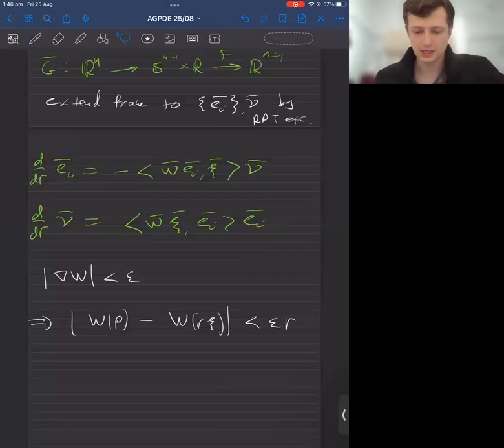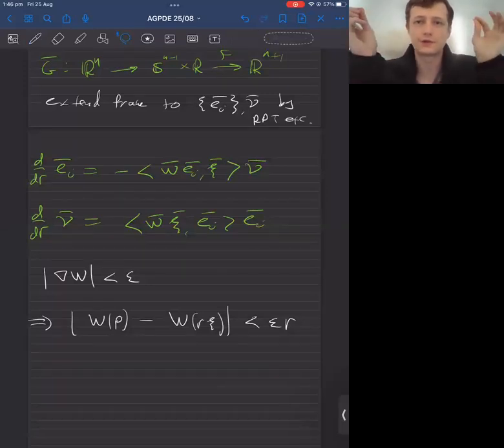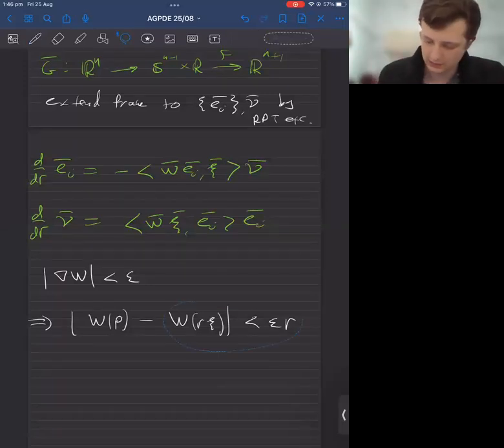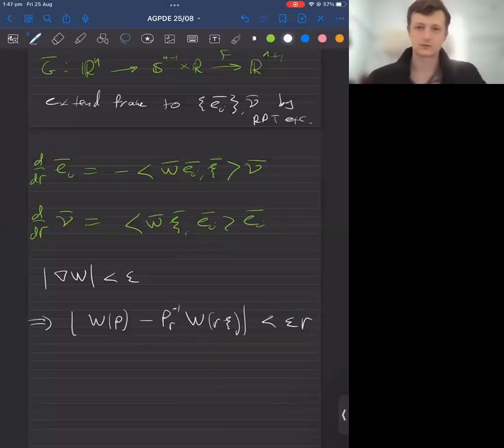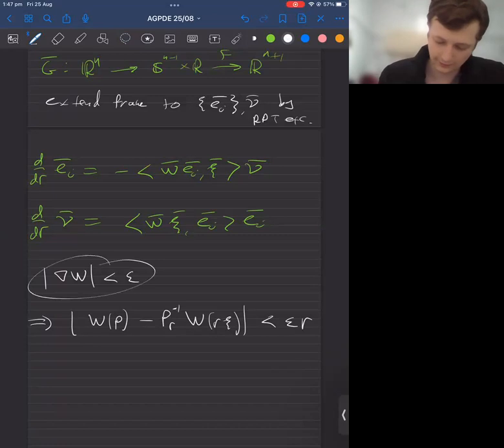Now, strictly speaking, I'm comparing these at two different tangent spaces. So what I really mean is that I'm parallel transporting back and then comparing. So this covariant derivative bound gives you this bound here.